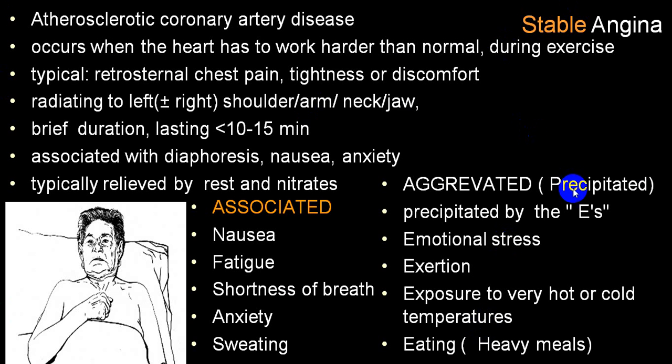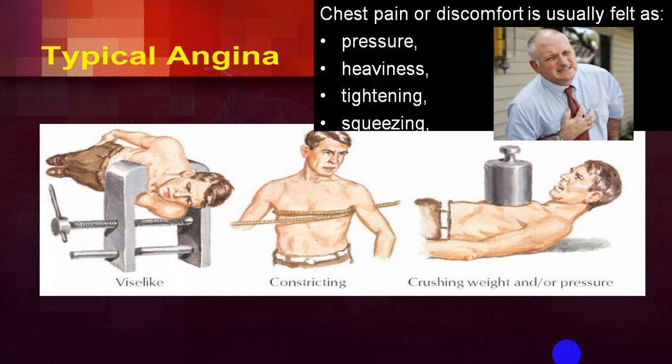As far as aggravating factors are concerned: emotion, exertion, exposure to cold weather, heavy meal, smoking. We have mentioned nausea, vomiting, and prostration. Along with that, a person can have fatigue, shortness of breath, anxiety, sweating, dizziness. But usually it is not common in angina, it is more common with acute coronary syndrome.